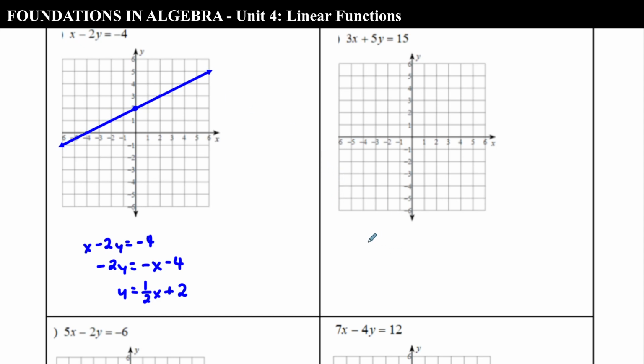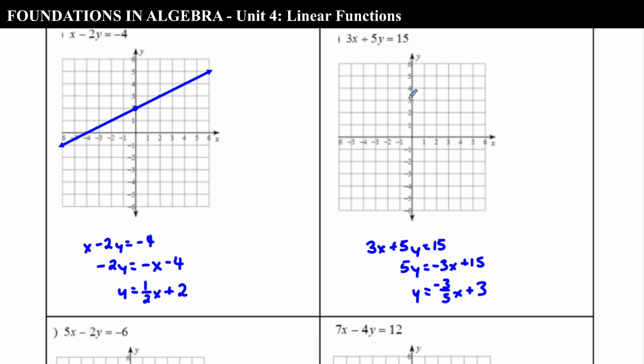For the next one, we have 3x plus 5y equals 15. So if we subtract 3x from each side, that's going to give us 5y equals negative 3x plus 15. Divide each side by 5. Get y equals negative 3/5 x plus 3.